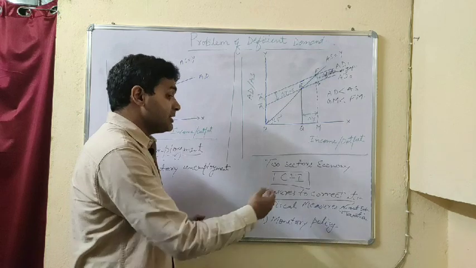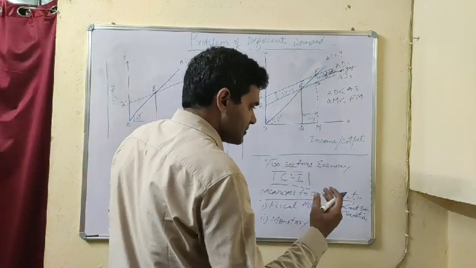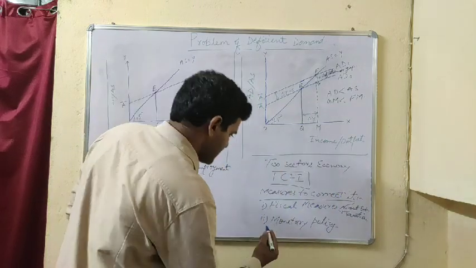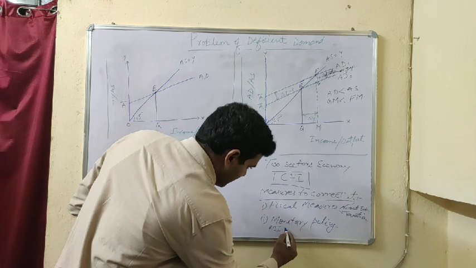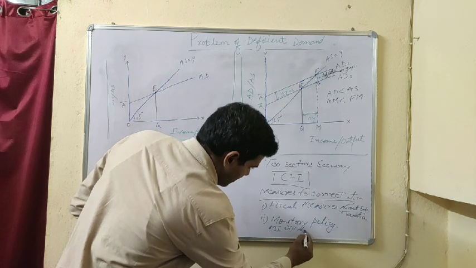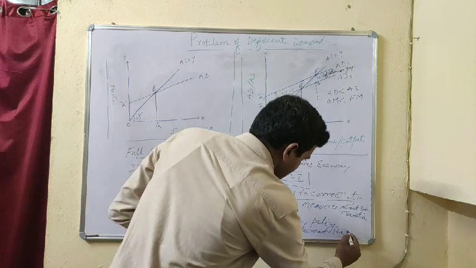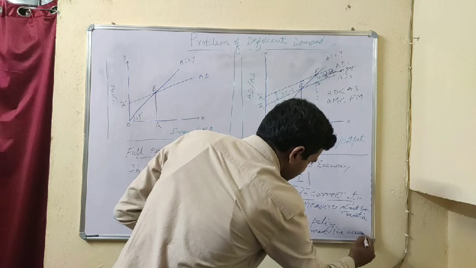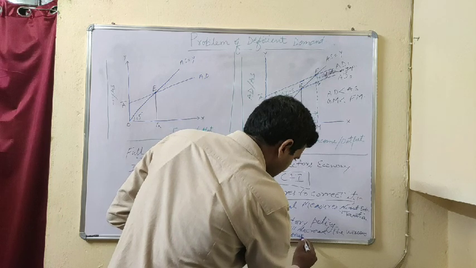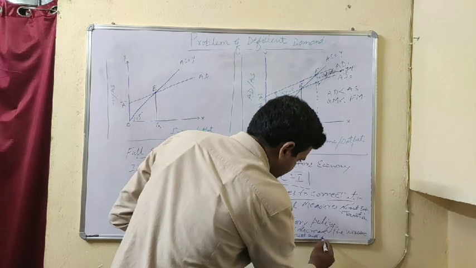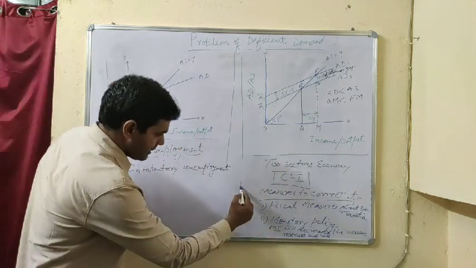So RBI will increase the money supply by decreasing the various reserves and the various rates. What are those? I am writing here.